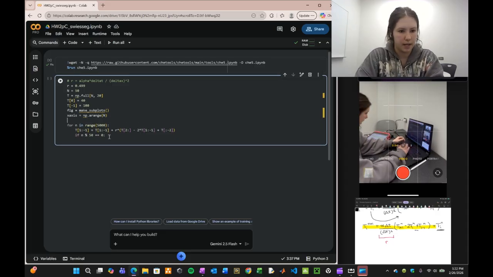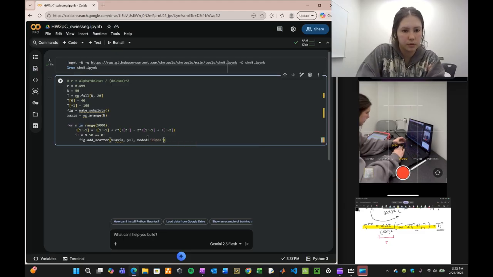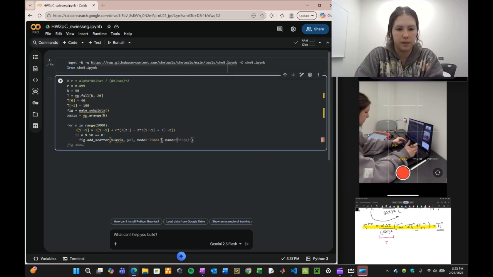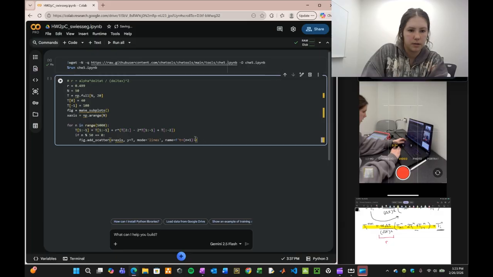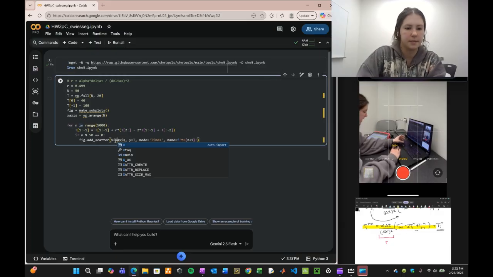And so down here we can say fig dot add scatter, and then we want our x to equal our x-axis, our y to be t, mode lines, and then name, we want it to be a function of t equal to n plus 1. Oops, x-axis.